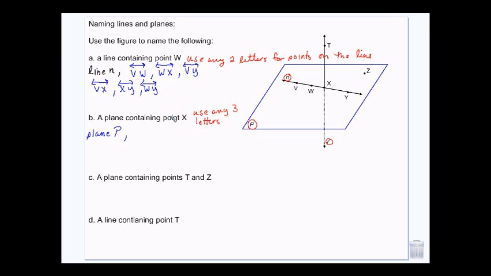I could use X, Z, and Y, so I could call this plane XZY. I could call it plane WVX. Just any of these letters here, I can use any 3 of them.